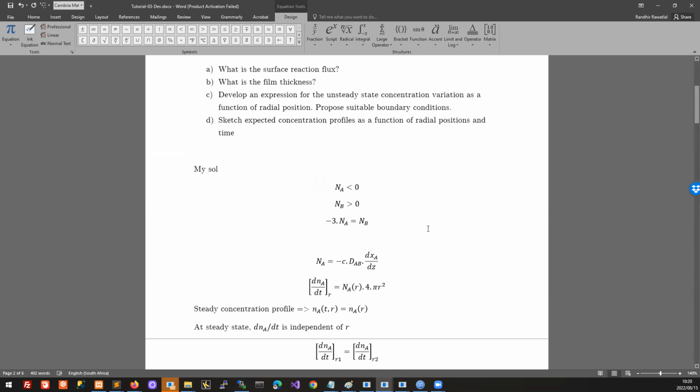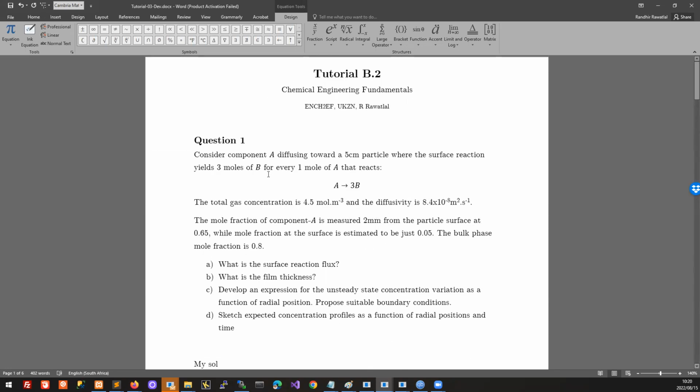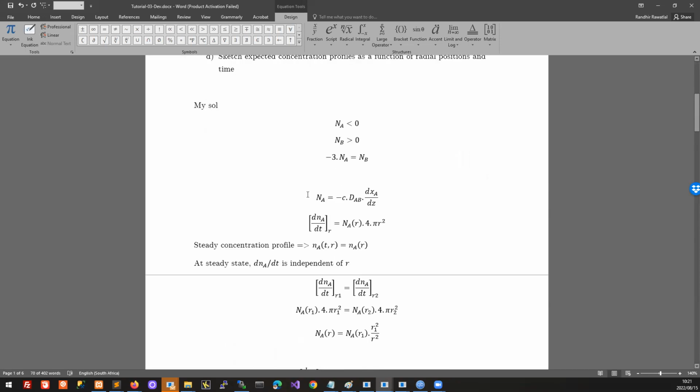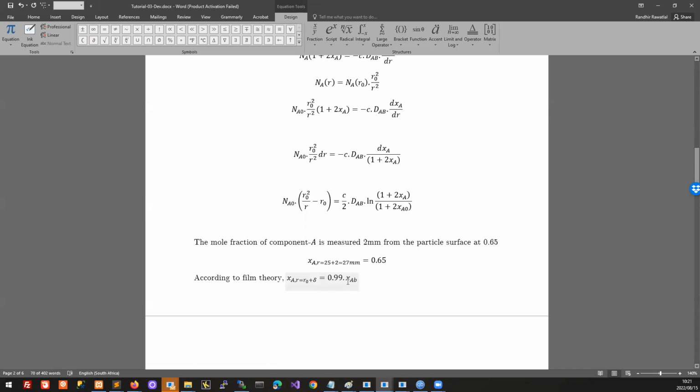The bulk value in this case, I think, is pure A. If you are not told what the bulk mole fraction is, then you would assume this fluid is pure A. So XAB is 1.